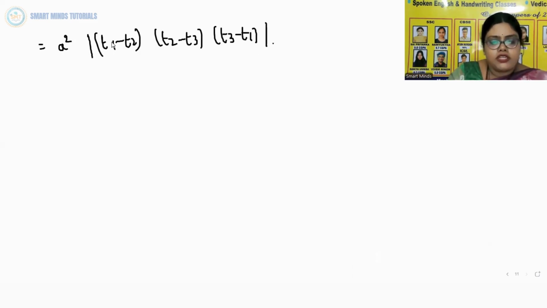Now, in each term, we want 2a t1, 2a t2, 2a t3 like that. So what I will do is, in each bracket, I multiply and divide with 2a. So here we are dividing by 2a three times, so that is 2a whole cube. And here we are multiplying in each term.